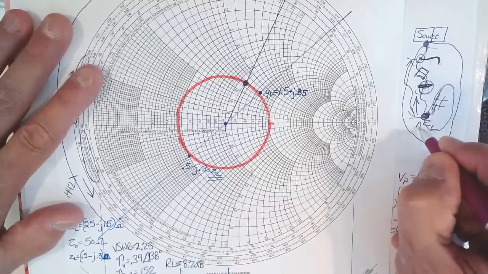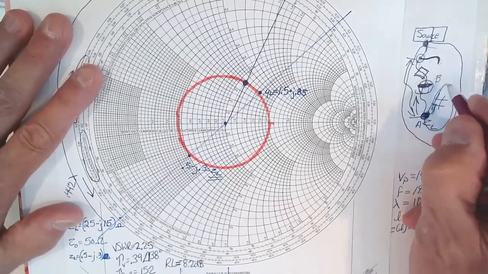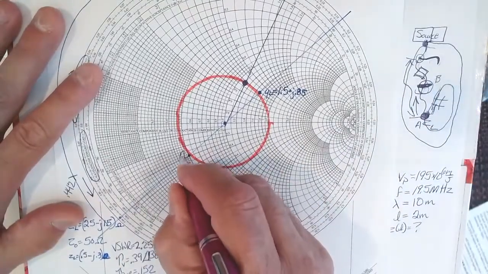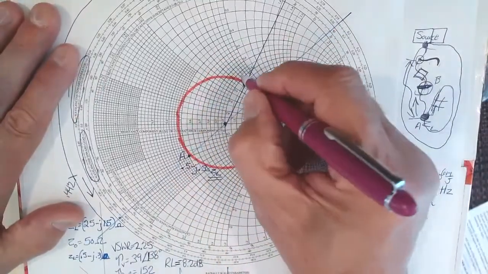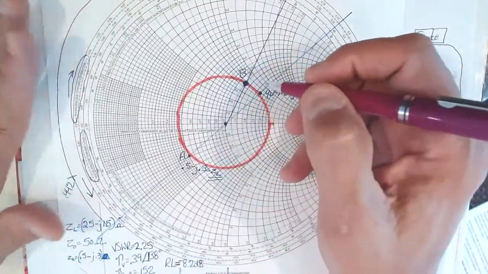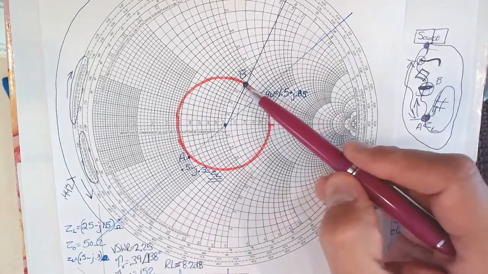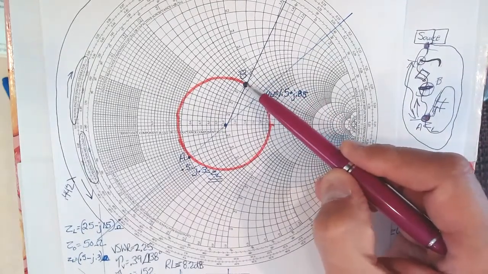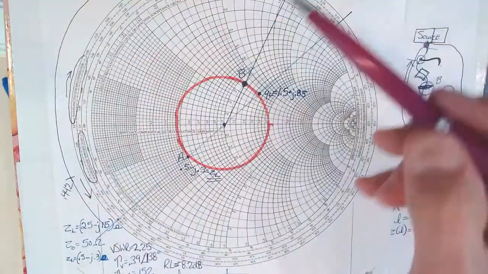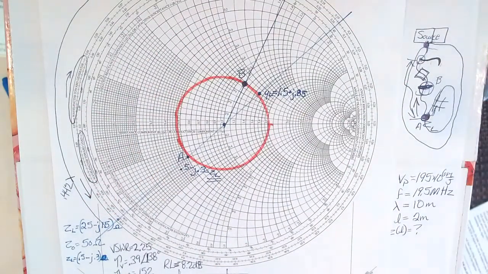Let's call this point A, and this is point B. As I've gone from point A back around to point B, I've changed the impedance because I'm going along this line, right? And so now I know what the impedance would be right at that point, that far along the line.